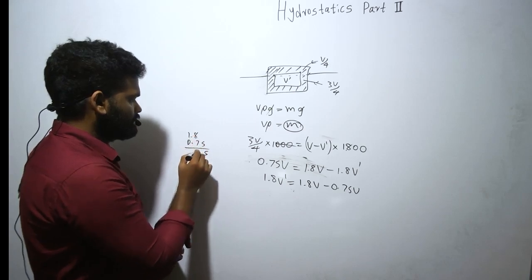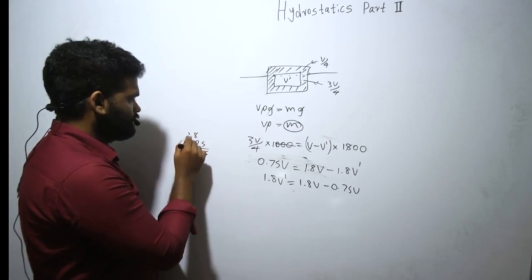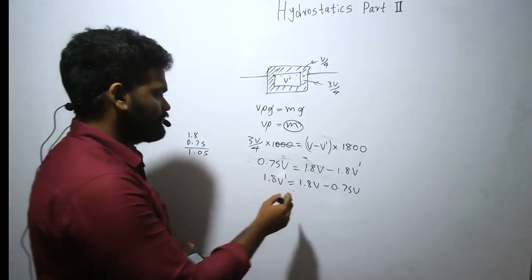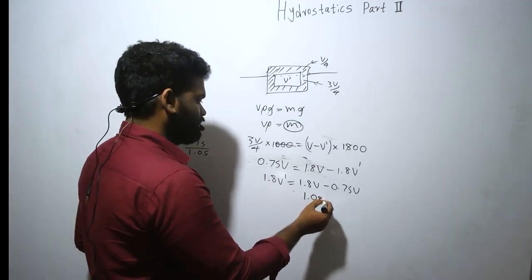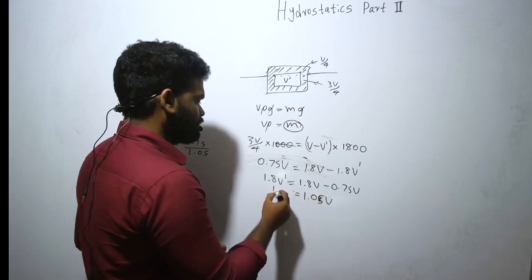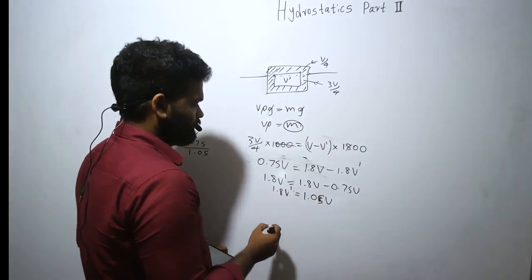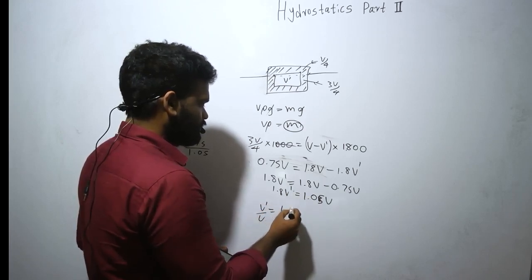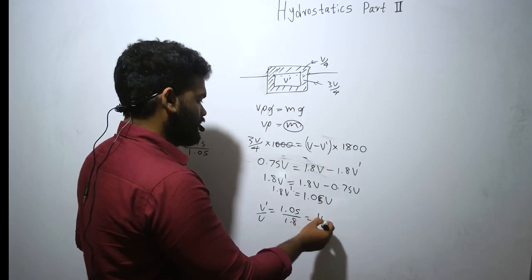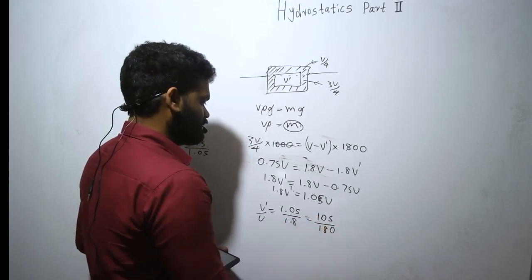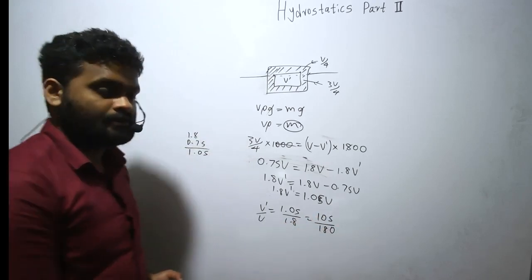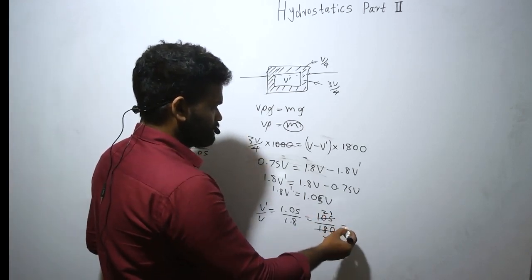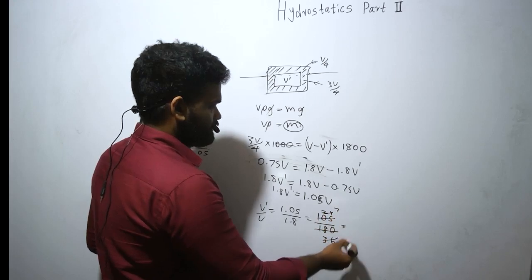5, 7 minus 7, 0, 1. So here you have 1.05V equals 1.8V dash. Then V dash over V equals 1.05 divided by 1.8, that is 105 divided by 180.